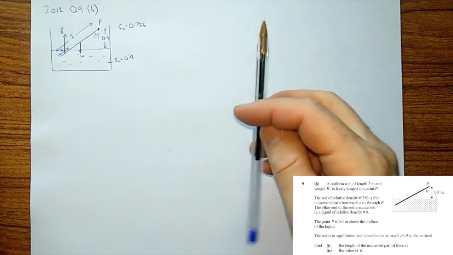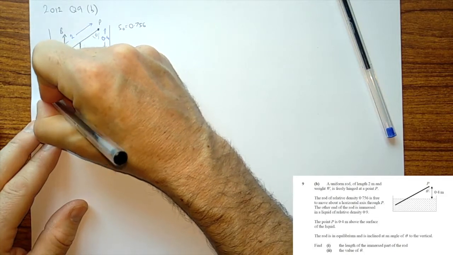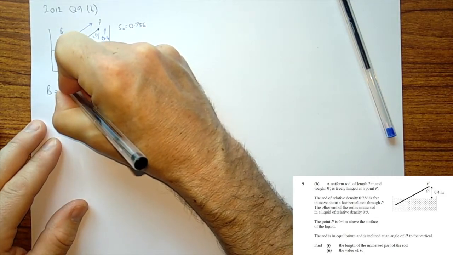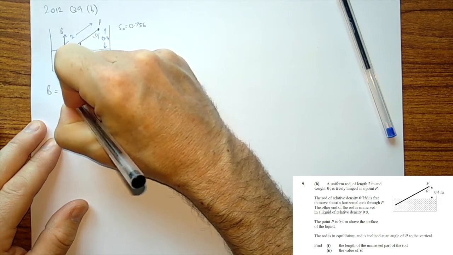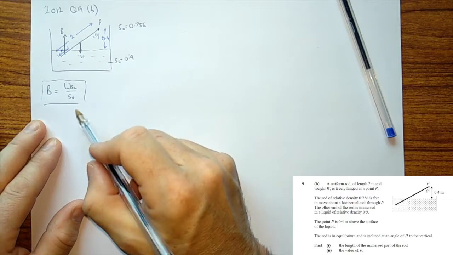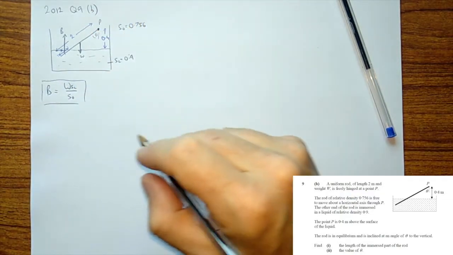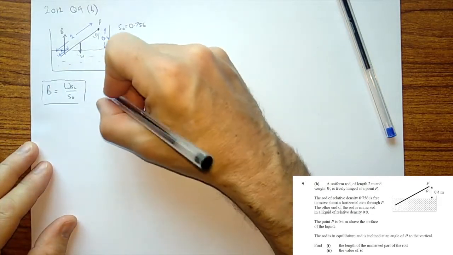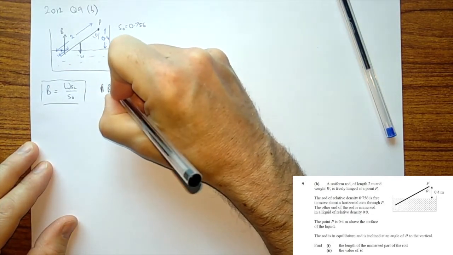Okay, so let's see what we can figure out about the buoyancy force first. Well, our equation for buoyancy is weight, specific density of the liquid, over specific density of the object. Important not to forget that because a lot of times it's water, but in this case it is 0.9. So that means our buoyancy.